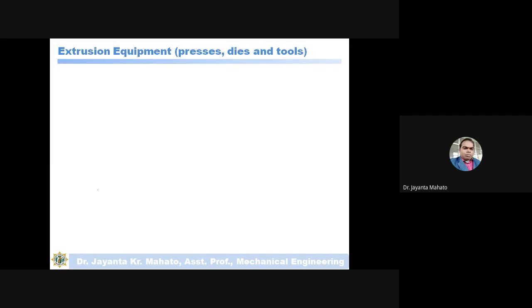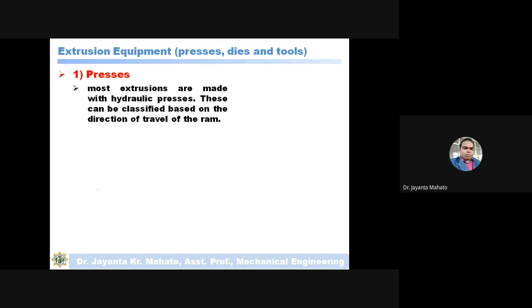Now extrusion equipment. Most extrusions are made with a hydraulic press. This can be classified based on the direction of travel of the ram, and it is of two types, horizontal and vertical.